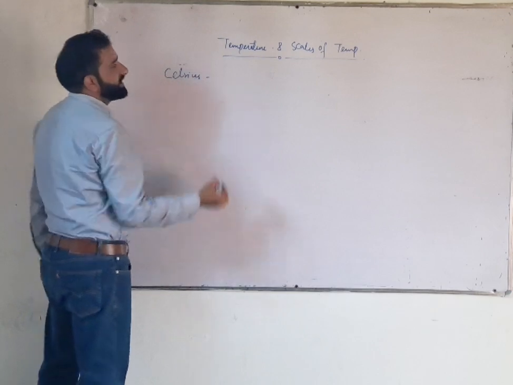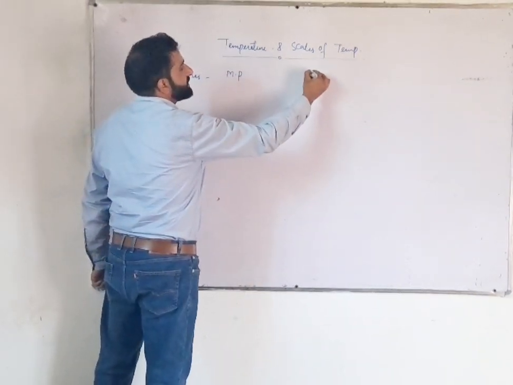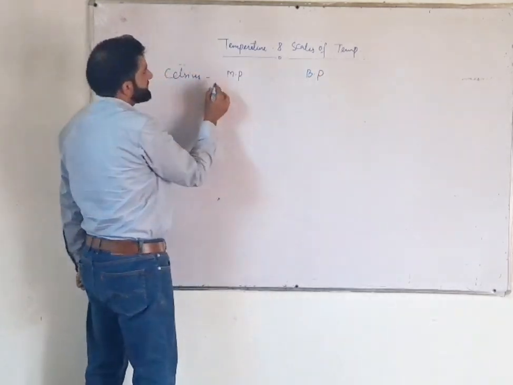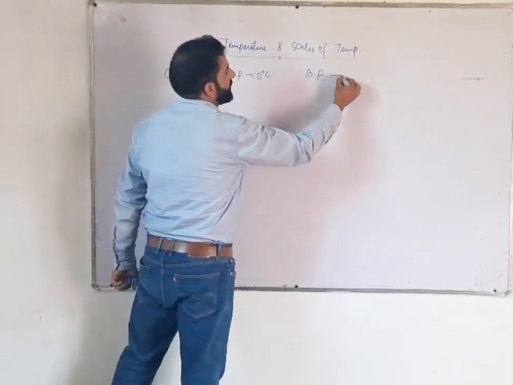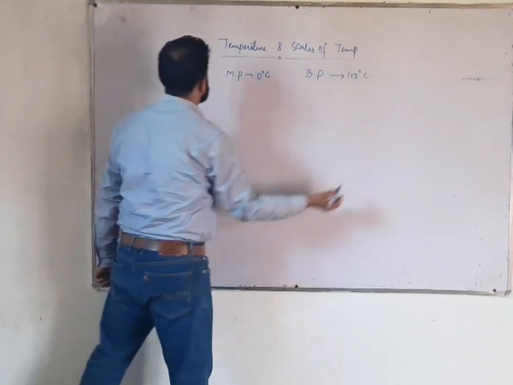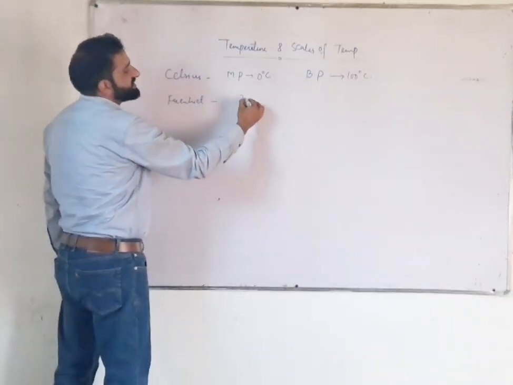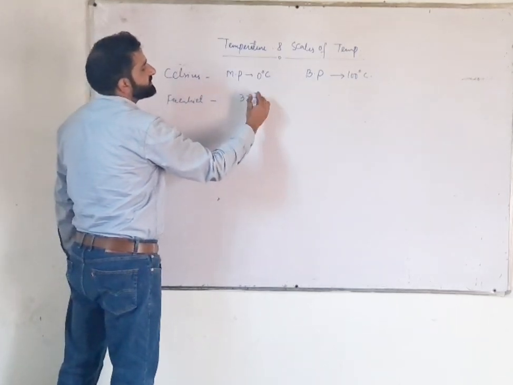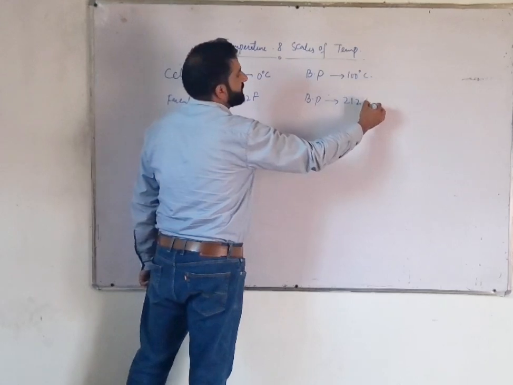In the Celsius scale, the base point is the melting point or freezing point of water, and the top point is the boiling point of water. In the Celsius scale, the melting point is 0 degrees Celsius and the boiling point is 100 degrees Celsius. In the Fahrenheit scale, the melting point is 32 Fahrenheit and the boiling point is 212 Fahrenheit.